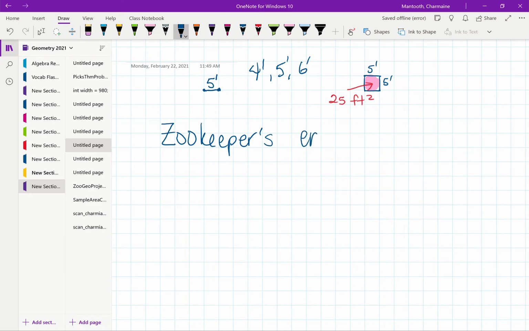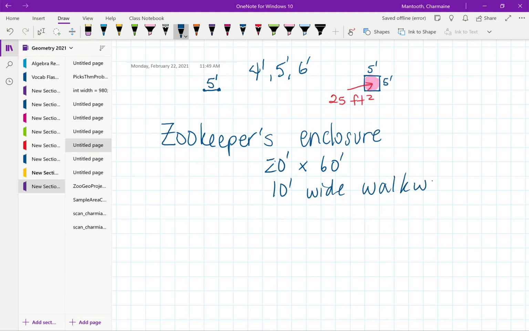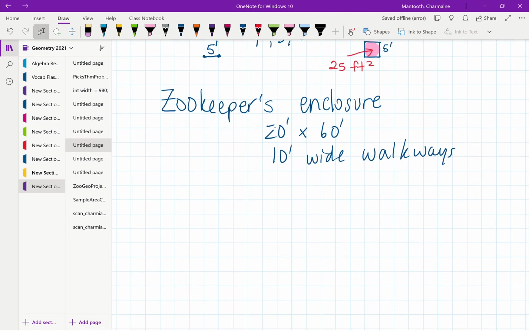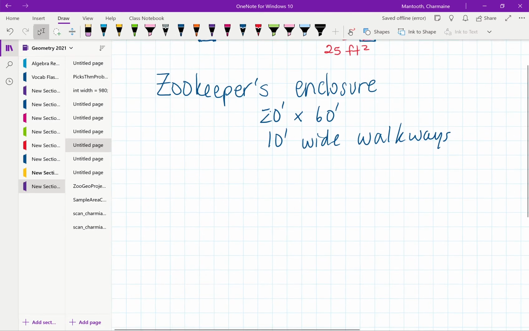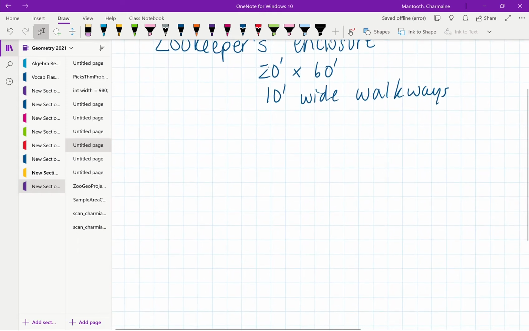So the zookeeper's enclosure is the only one that has an exact measurement. It has to be 20 feet by 60 feet, and it has to have a 10-foot wide walkway leading into it. And all of the animal enclosures need to surround that zookeeper's enclosure so that the zookeeper has access to it.